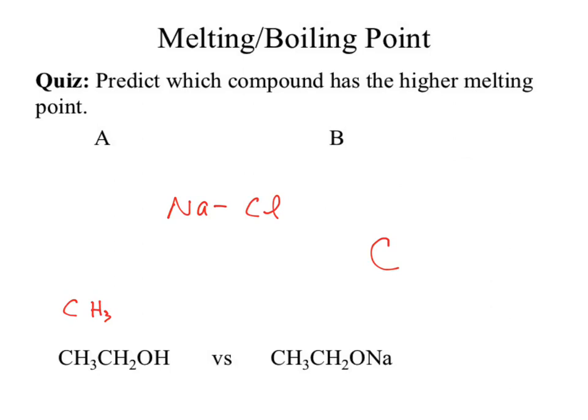Define a bond. A line. Transfer of valence electrons between two atoms. Okay, the transfer of valence electrons between 2 atoms.